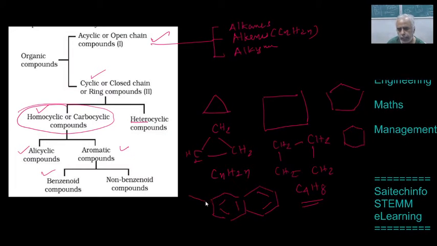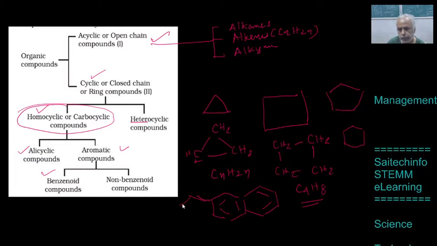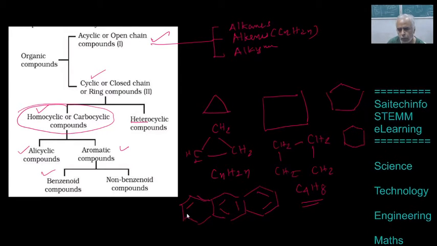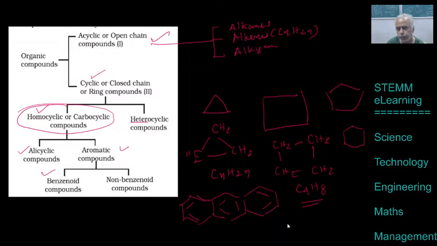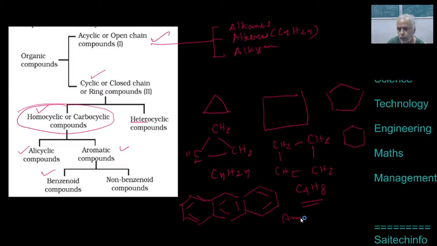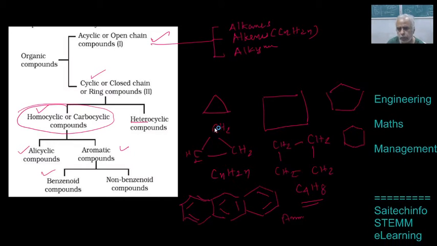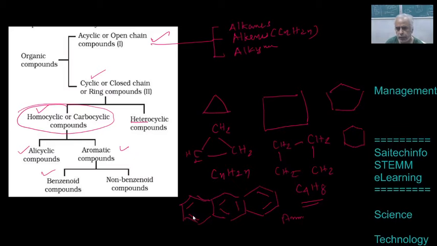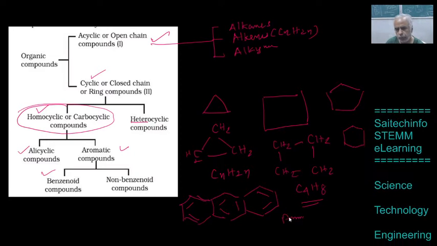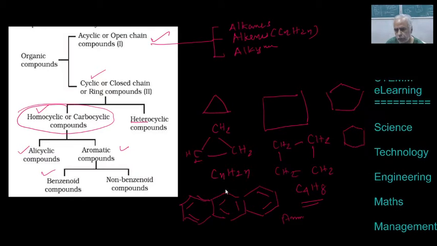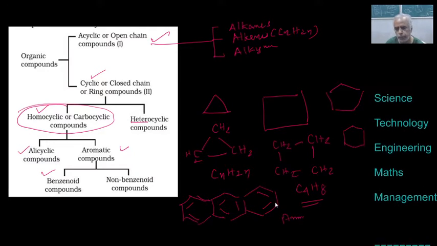So when you add another benzene like structure in the adjoining position, now it becomes anthracene. So benzene, then naphthalene, then anthracene. There is another compound called phenanthrene, where this benzene structure is joined here.